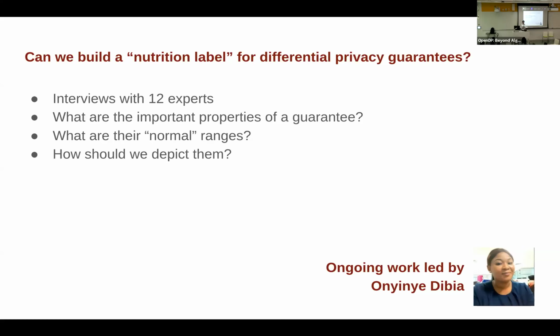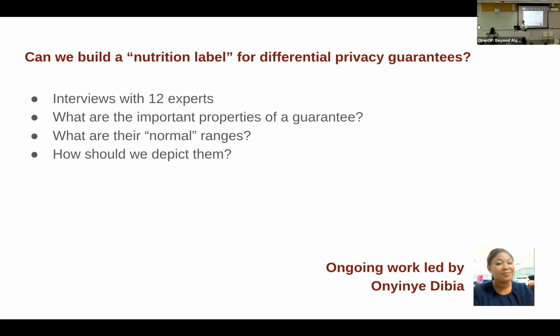So we started doing a study a little while ago, where we asked, can we build a thing that will have structure to it that will let us communicate with a wider audience about what a differential privacy guarantee means, so that they can actually evaluate whether it's good or not. And following a lot of other great research in this area, we were hoping that if we get the right thing, we can show it to a person who doesn't know much about differential privacy, and they'll be able to learn something from it.